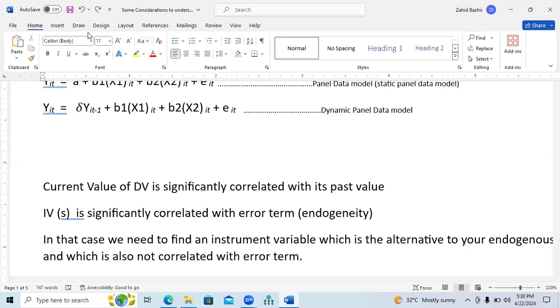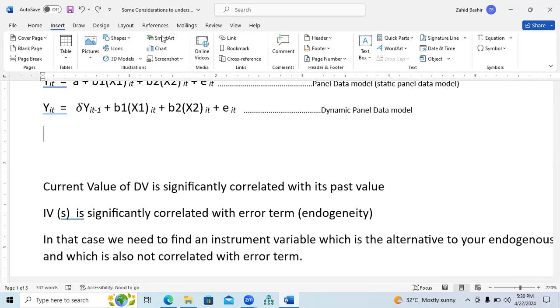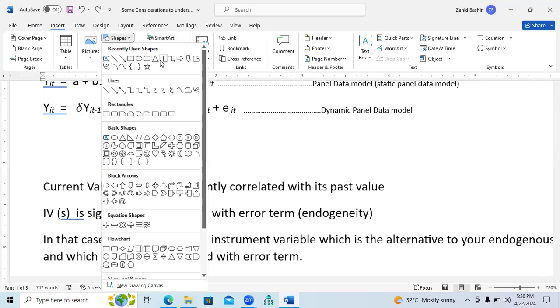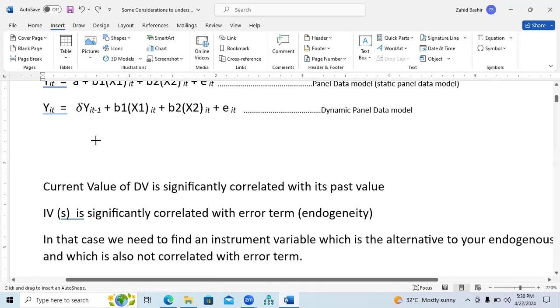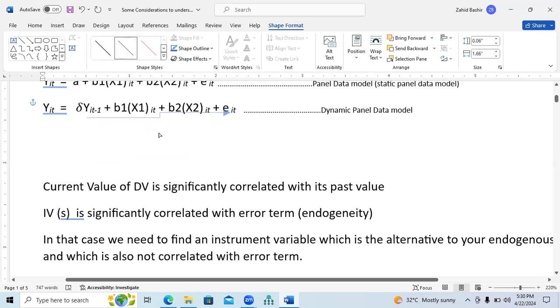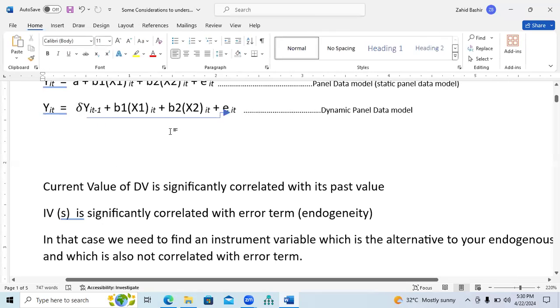Let me put it another way, like shapes, like this. So let's suppose this is how it is connected. So the lag dependent variable would be significantly correlated with the error term.